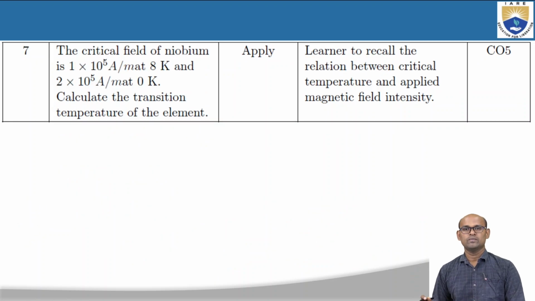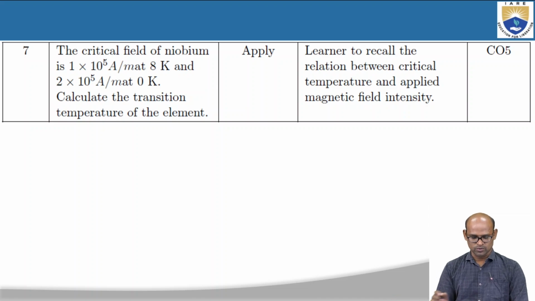The next problem is: the critical field of niobium is 1 into 10 power 5 amperes per meter at 8 Kelvin and 2 into 10 power 5 amperes per meter at 0 Kelvin. Calculate the transition temperature of the element. So how do we calculate the transition temperature?